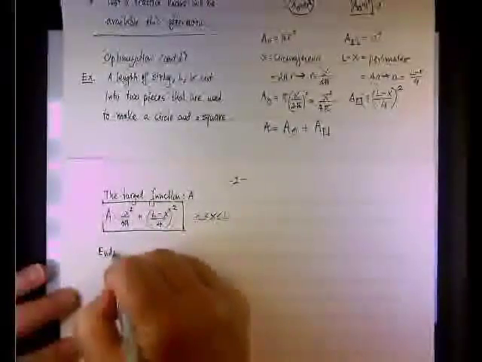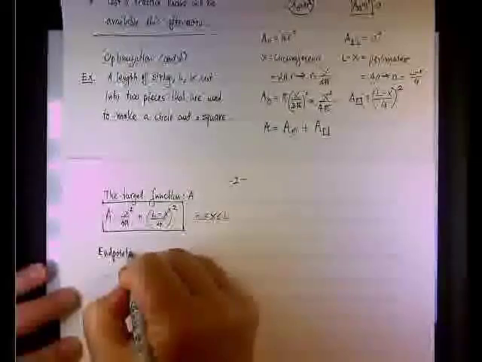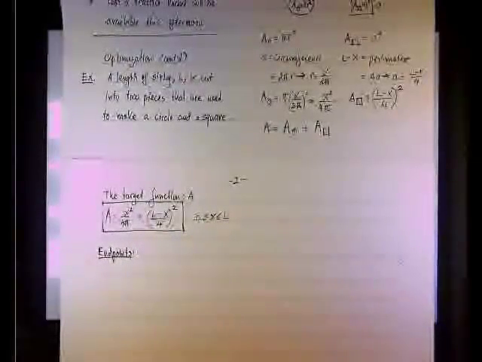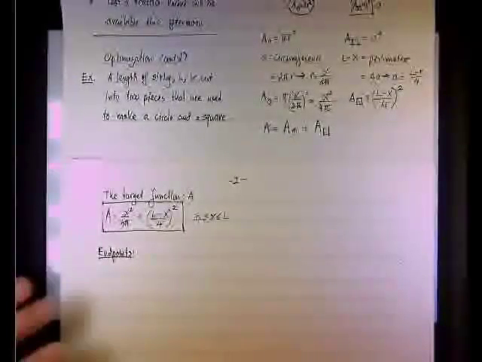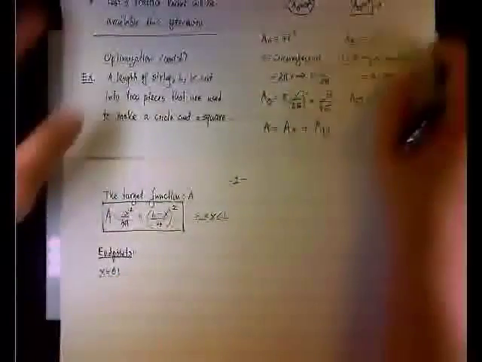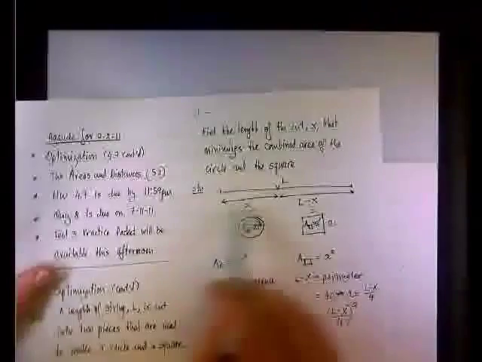Okay, what does it mean x equals 0? So let's look at the endpoints. Remember, we need the absolute minimum, so we need to look at the endpoints as well as critical numbers. So when x equals 0, it means that we have no circle.